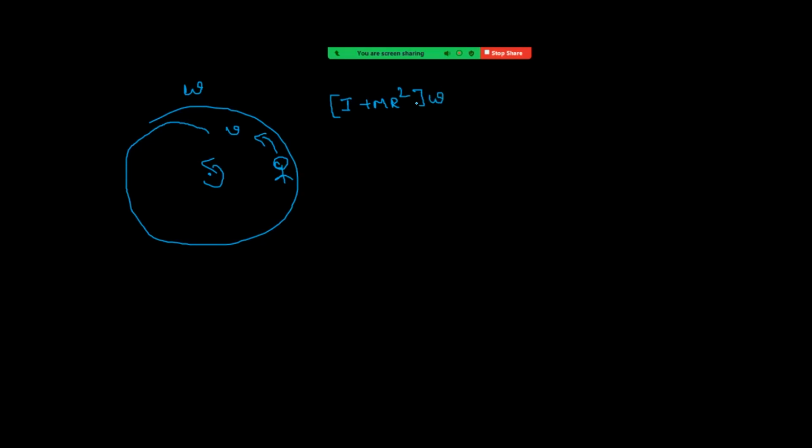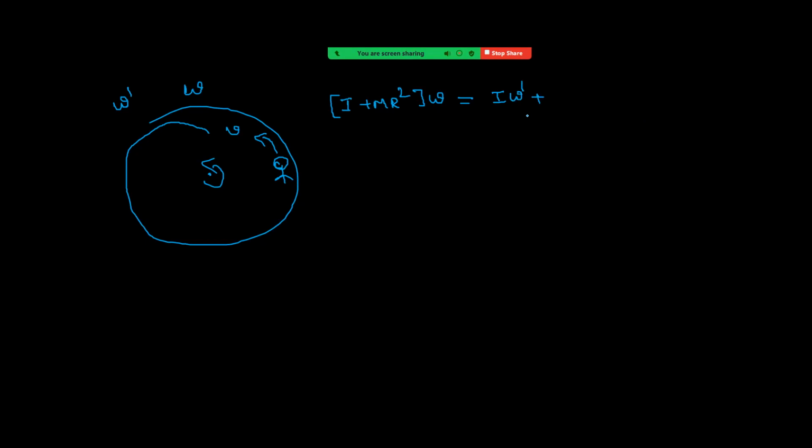That is the angular momentum of the system. When the boy starts walking, let it become omega dash. For the platform, it is I omega dash.